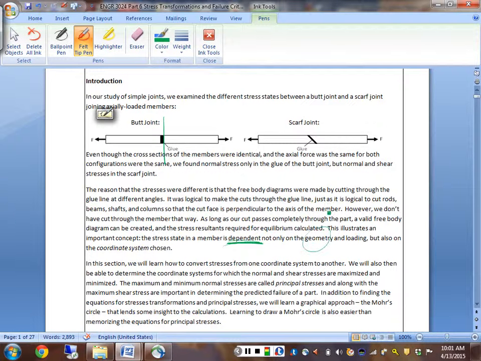It is dependent not only on the geometry. Our geometry and our loading are the same in these two, but it's also dependent on the coordinate system.